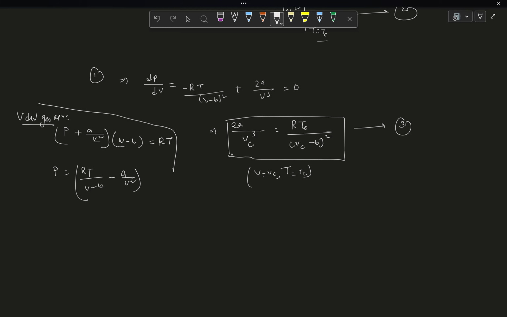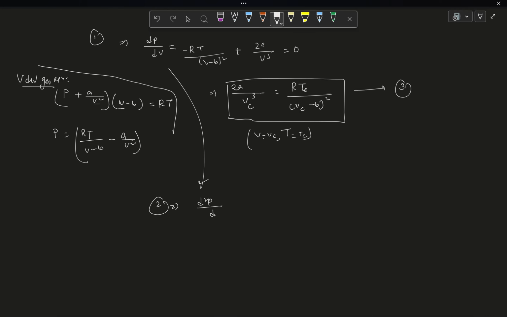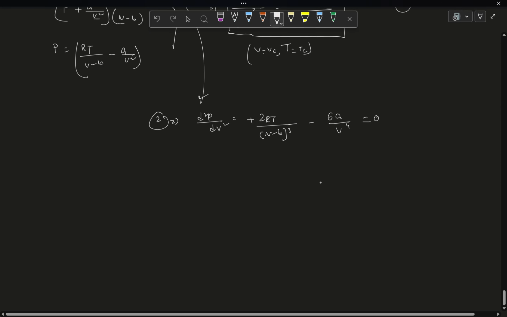Okay. Now once you have this, from here you have to take a double derivative for condition number 2, which is d2P by dV2. First let us calculate that. So this is plus 2RT, again take a derivative, V minus b whole cube minus 6a by V to the power 4, this is equal to 0.